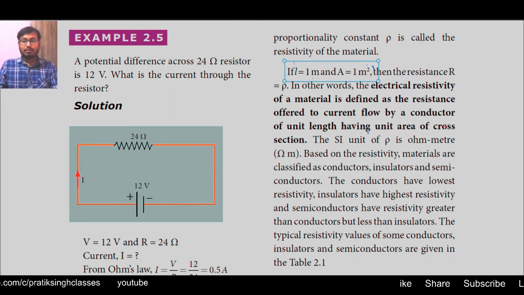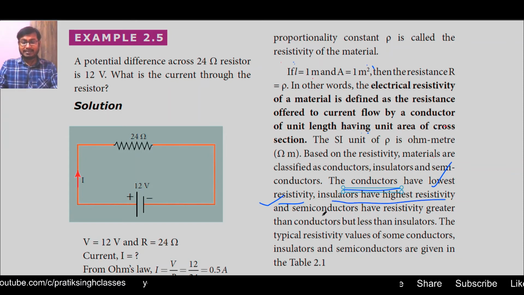Fine. So now coming to the book portion, let us see what is given here. Conductors have the lowest resistivity, meaning higher conductance or lower resistance. Insulators have very high resistance, and semiconductors are those materials whose resistivities are greater than conductors but lesser than insulators.